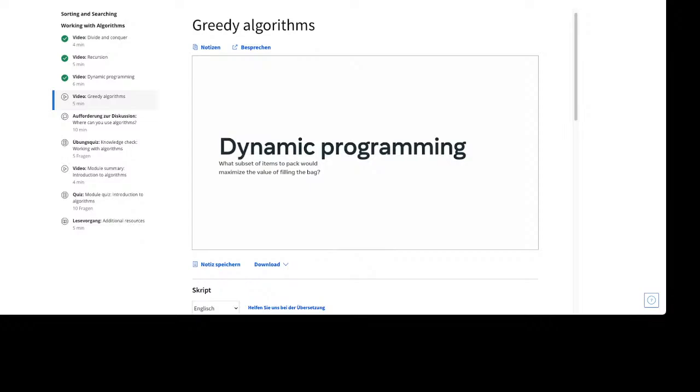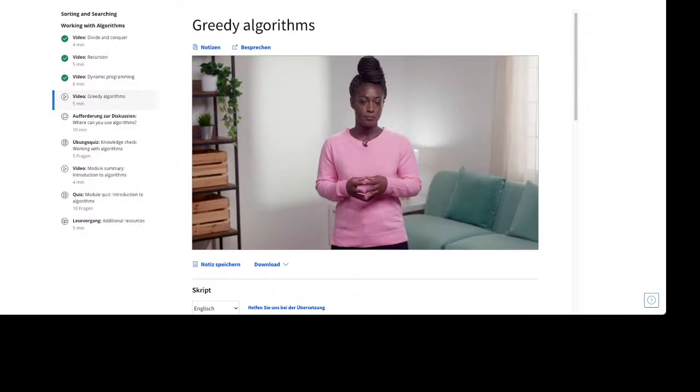With the knapsack analogy, this would involve determining what subset of items to pack that would maximize the value in the process of filling the bag. A greedy algorithm approach to this would be always to select the most valuable item and place this in the bag, giving no thought to what other items this would exclude from the process.